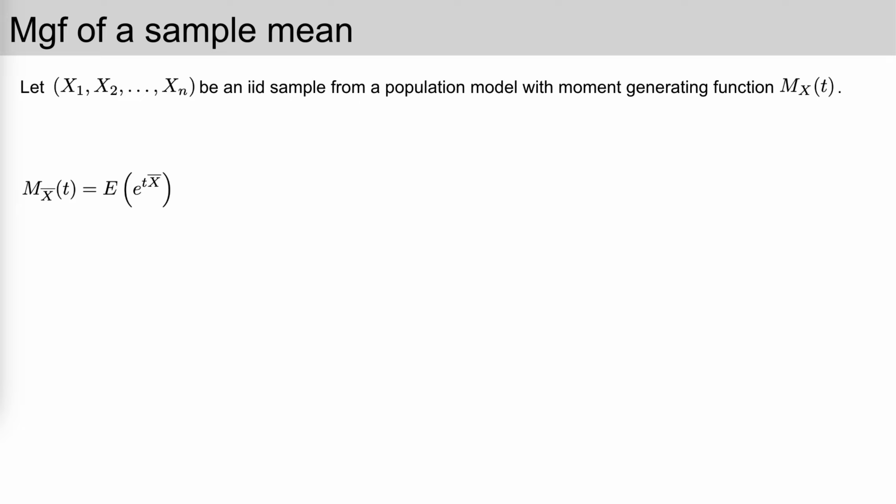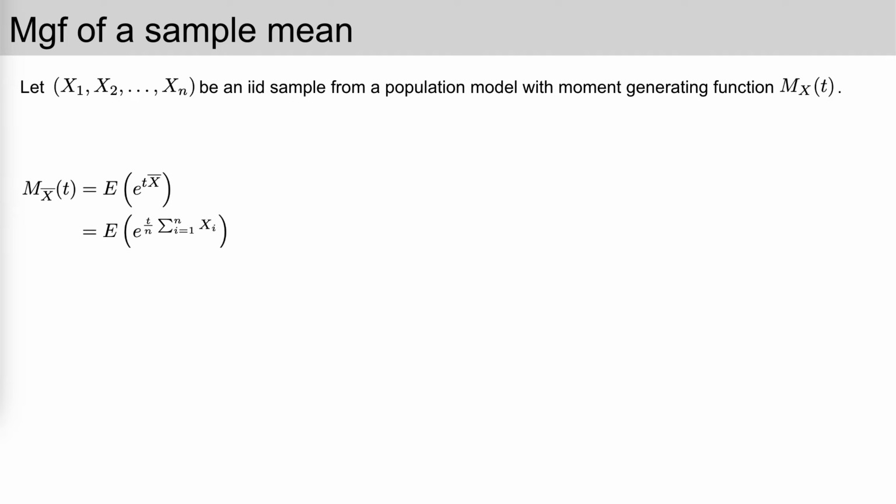Finally, suppose that our IID sample is drawn from some population with moment-generating function m_X of t. We can then use this to build the MGF of the sample mean. By definition, this MGF is the expected value of e to the t times sample mean x bar. We can then substitute in the definition of the sample mean as the sample sum divided by sample size n.